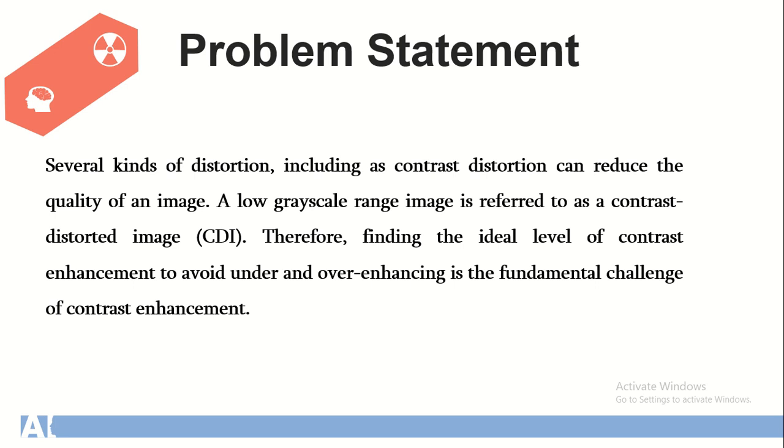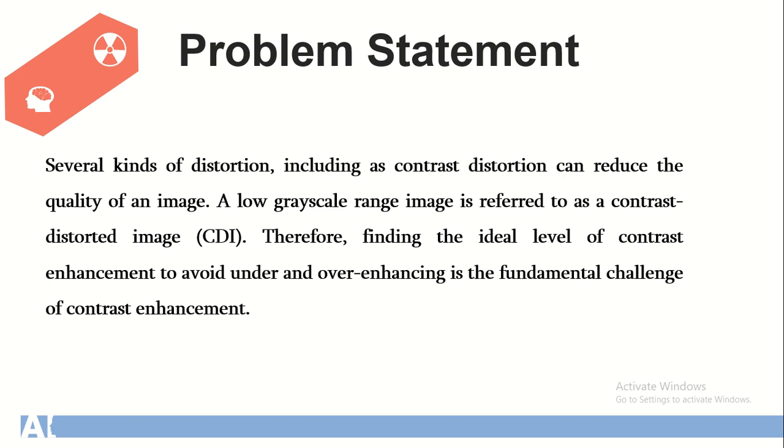For the problem statement, several kinds of distortion, including contrast distortion, can reduce the quality of an image. A low grayscale range image is referred to as a contrast distorted image (CDI).